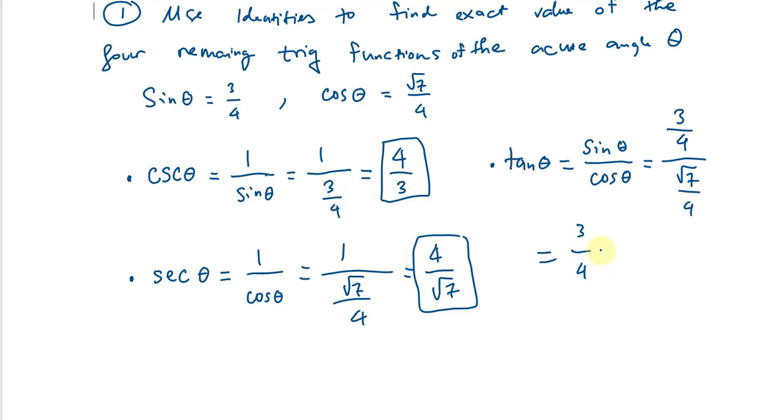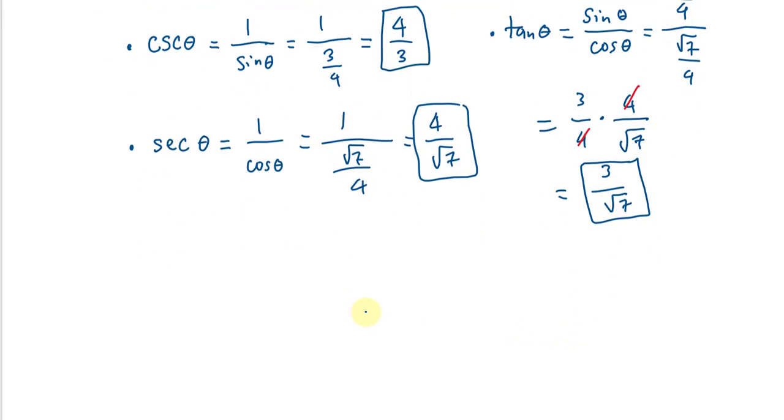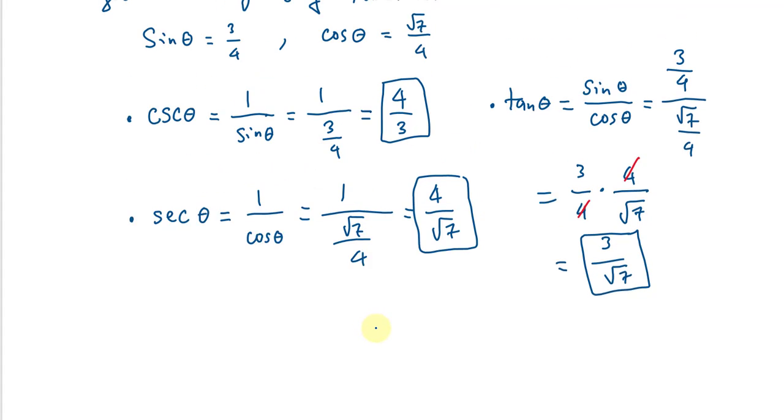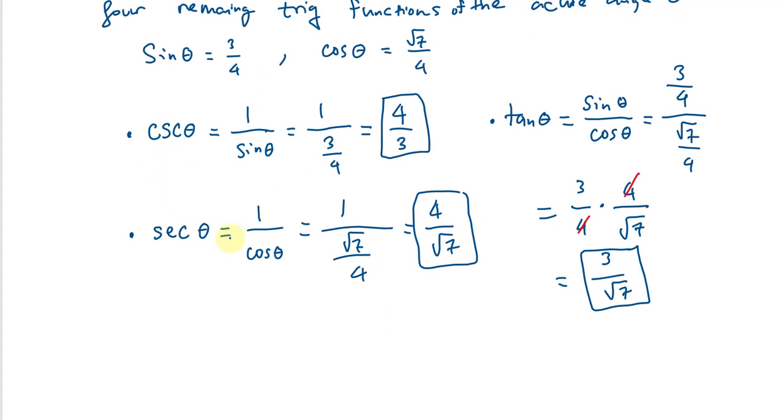Dividing a fraction means multiply by the reciprocal of the second fraction. And we can see that the 4s cancel. And we get 3 over the square root of 7. That is tangent. Okay, and we know cosecant, secant, tangent.